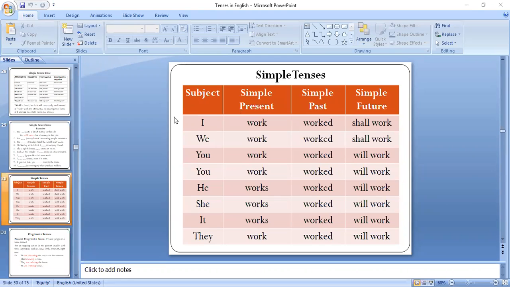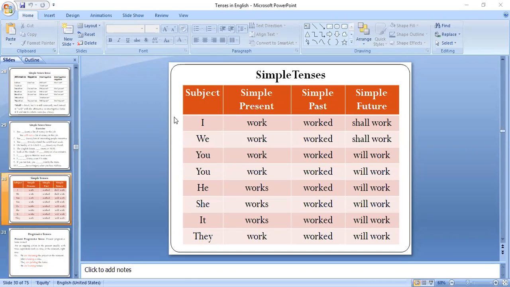I work. If I is the subject, then we will use worked as a verb for the simple past. Worked. Only we have to add the ed suffix.